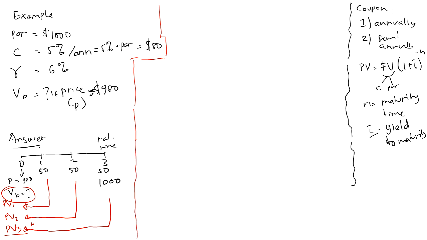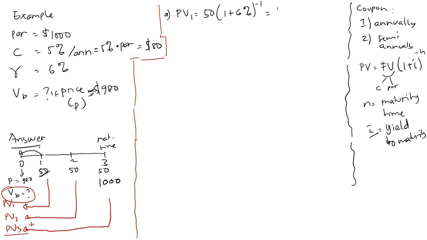Now PV1. What is PV1? The FV here is 50, so 50 over 1 plus I. What is the I? 6%. What is the period of time from 1 to 0? It's 1, so minus 1 as the exponent. Let me count it first.